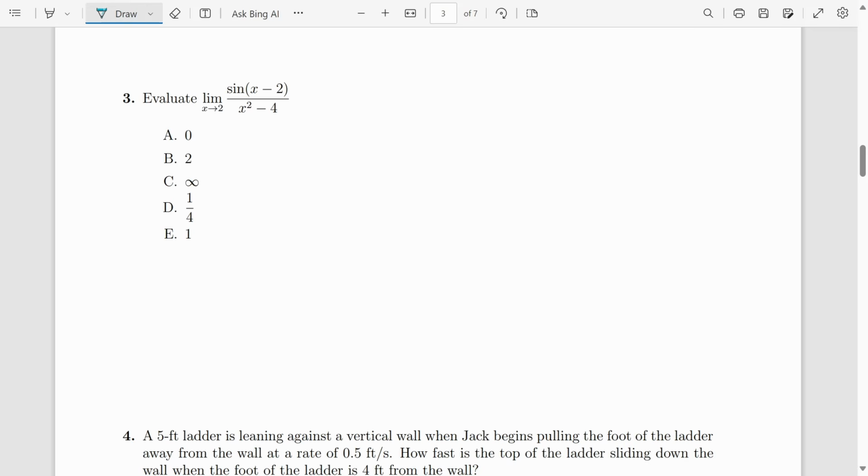We can use L'Hopital's rule because if we were to plug in this 2 for these x's, we get sine of 2 minus 2 all over 2 squared minus 4, which equals 0 over 0. This is an indeterminate form, and because of that, we can use L'Hopital's rule.